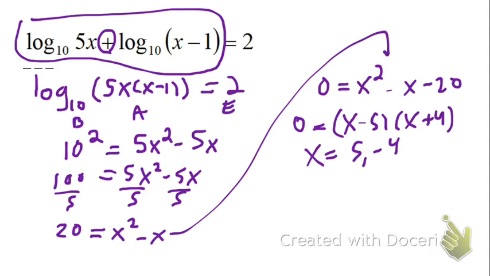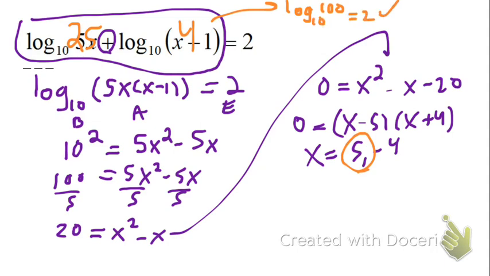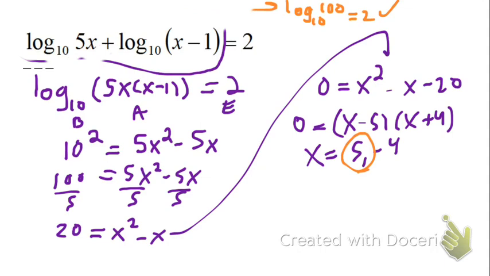So 5 works because if you plug 5 in, you would get the log of 25 base 10 plus the log of 4 base 10. And that does happen to equal 2 because when you condense that, that's the log of 100 base 10. And we know that does equal 2. So that works.